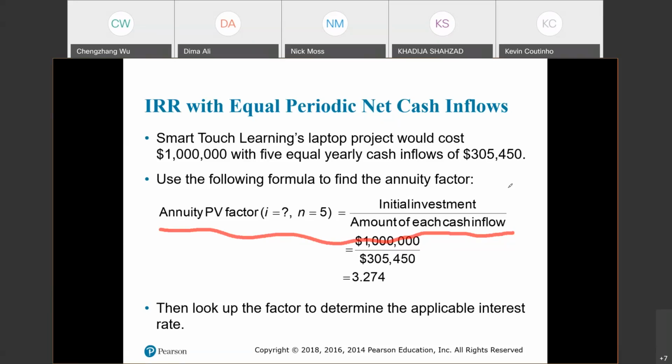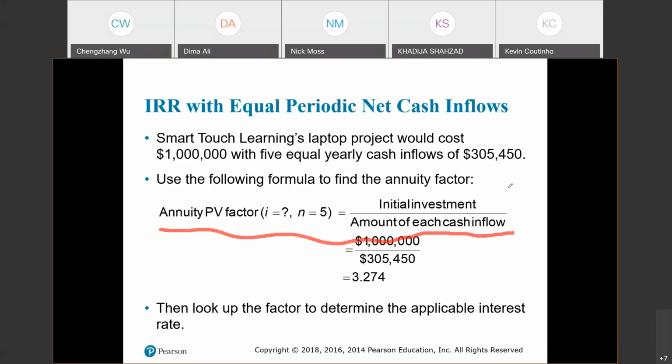In this case, the information we know is the investment to be $1 million and the equal annual net cash flows.